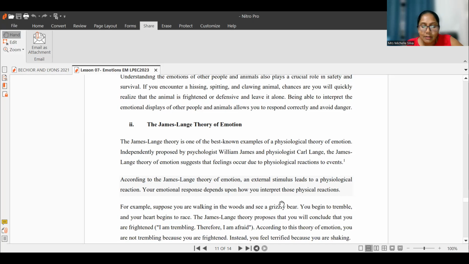Then the physical change is shivering or sweating. That is the physical changes. Then the interpretation is you try to interpret your emotion: I experience fear.